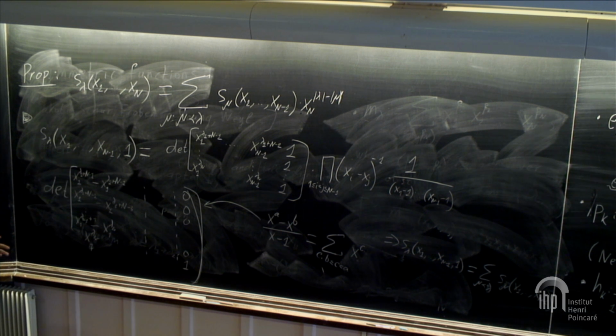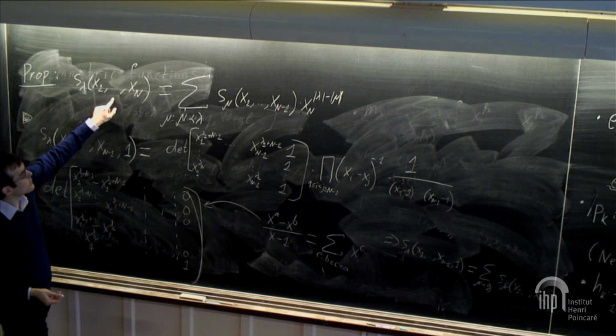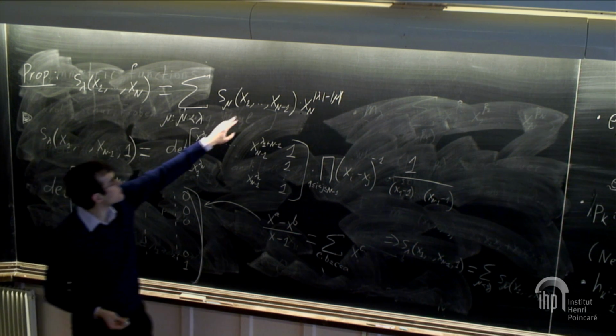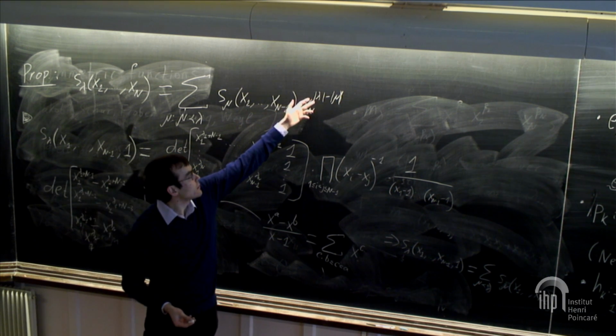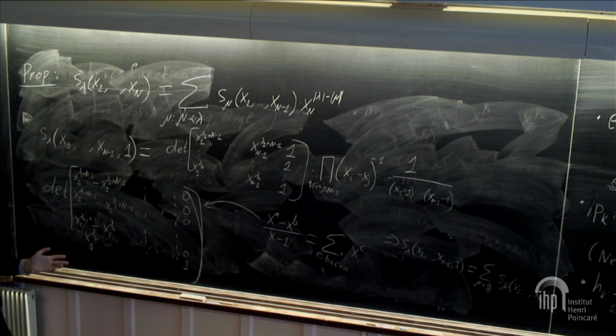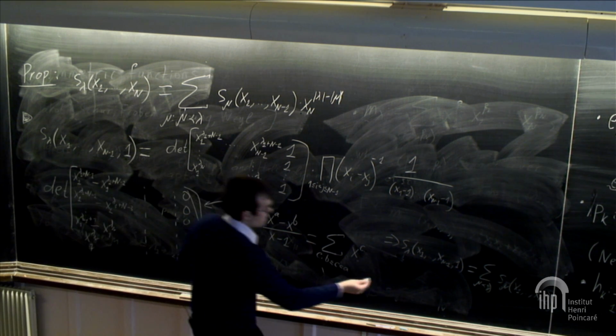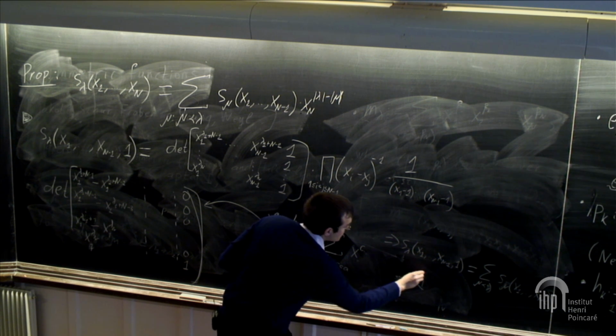But for this, I can just say that I know the degree of the Schur polynomial. So if the degree of this one is the sum of lambdas and the degree of this one is the sum of mu's, then xn should appear in the power sum of lambdas minus sum of mu's. So I can conclude the proof here.